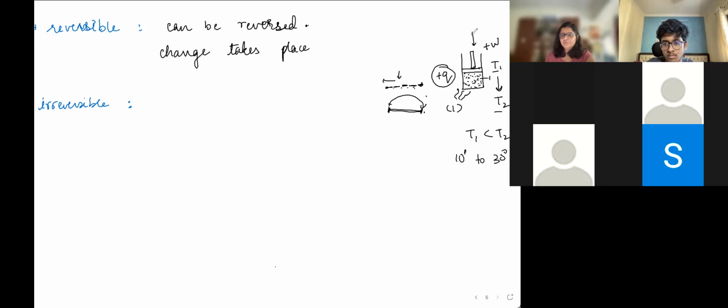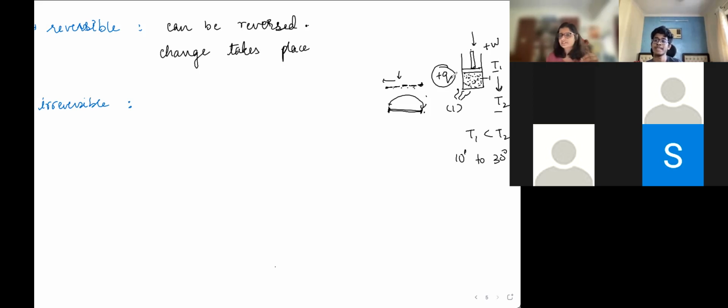But if I'm doing it by changing the volume, if I'm doing work on the system, I can reverse this at any point. What I'm doing here is slowly increasing the pressure so that the temperature is increased. I can change the pressure by changing the movement of the piston, so that way it becomes a reversible process.